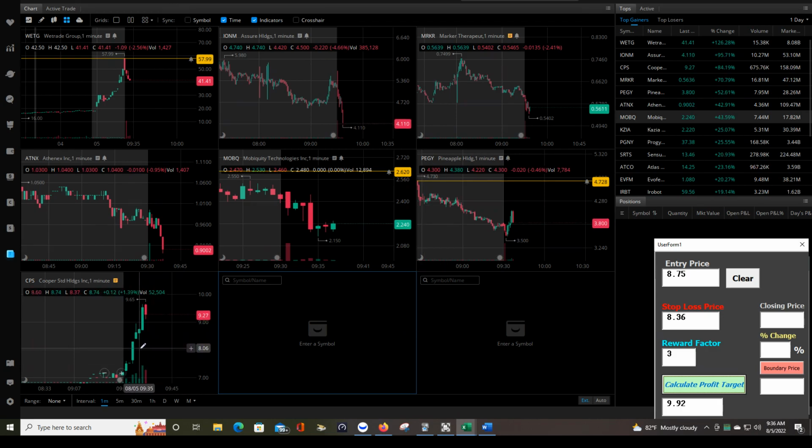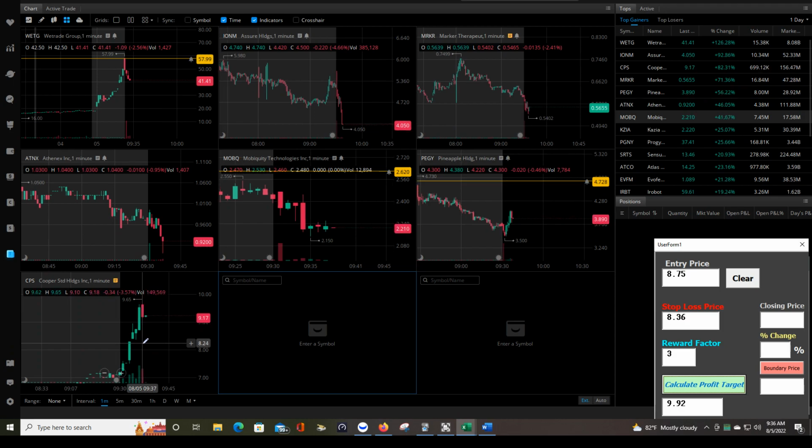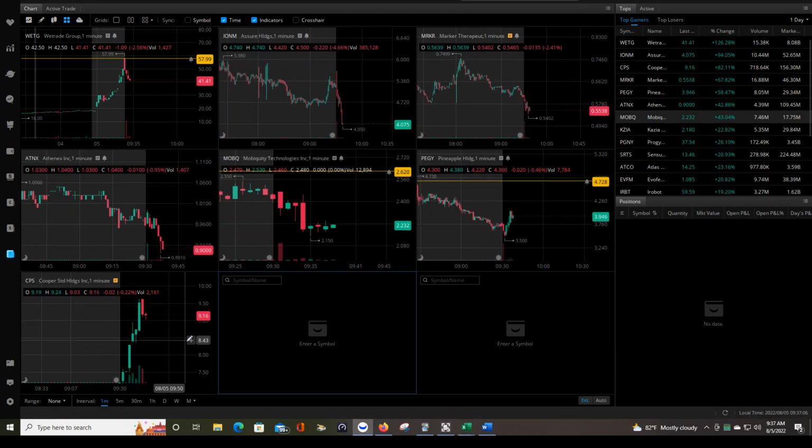So it did not hit the profit target yet, so we could get back in. It will amount to the exact same trade as if we didn't miss it. So now I'm just going to keep an eye on it and see if it comes down to that 875 level. It has to come down to it exactly, otherwise I can't get in.